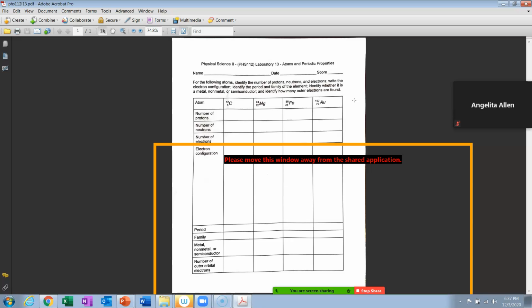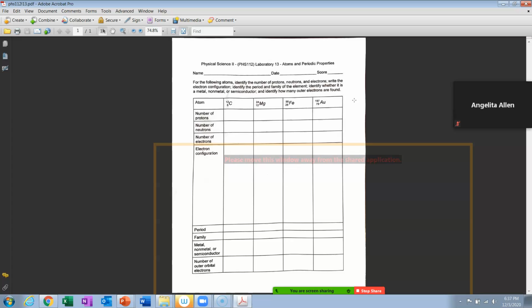Sometime tonight or in the morning, I don't know if I have enough energy tonight to do it or not, I will post your Chapter 8 test. And that way you don't have to worry about the Chapter 8 test during finals week. So I'll post it either tonight or sometime in the morning. Okay? I'll post your Chapter 8 test.